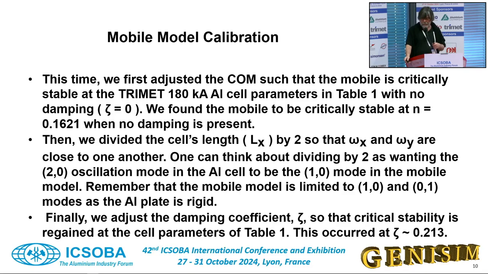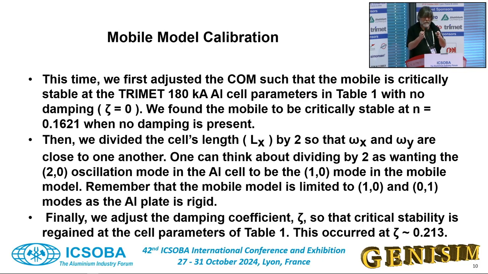I first find the position of the center of gravity without friction for the full size, and then we cut in two the plate, and we're now considering only the oscillation of half of the metal pad.